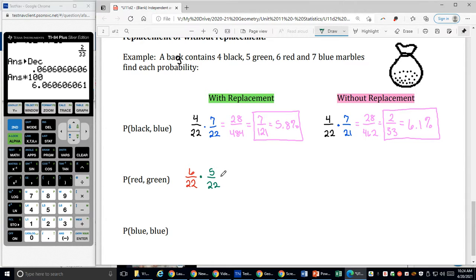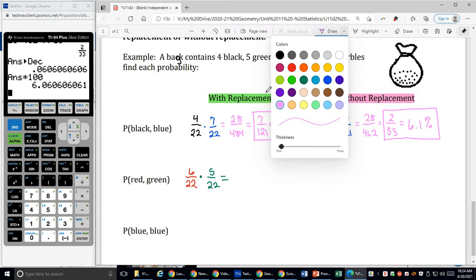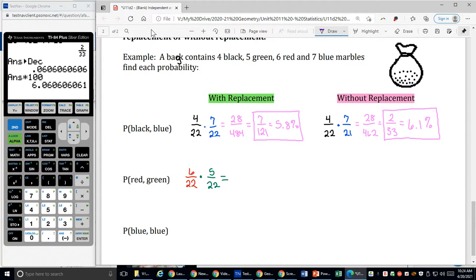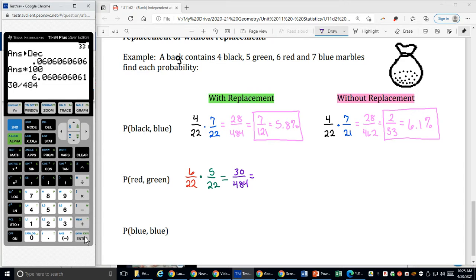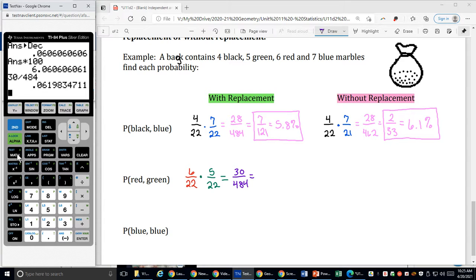I'm going to multiply these together and see what we get. So when I do that, let's do purple this time. We are going to get 6 times 5. 22 times 22, we already did that. That's 484. That reduces to 30 divided by 484 is, oops, I wanted that as a fraction.